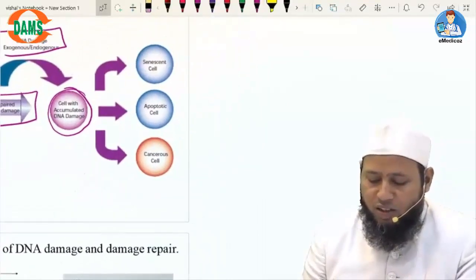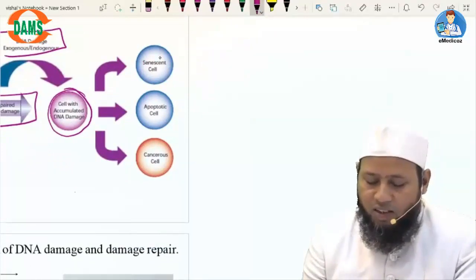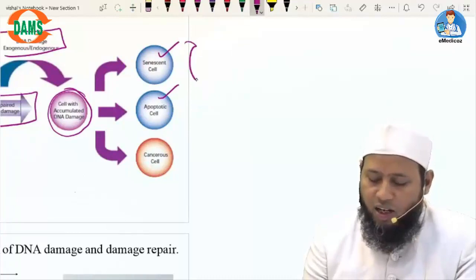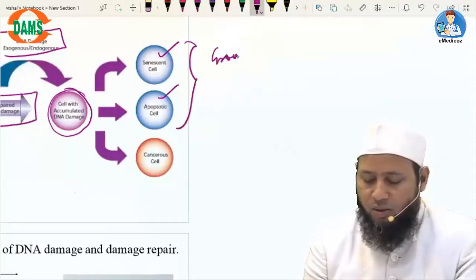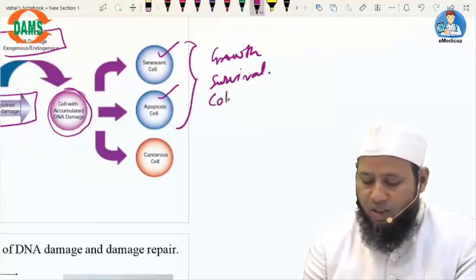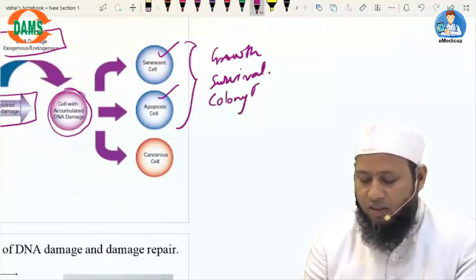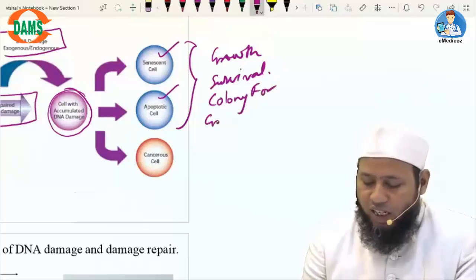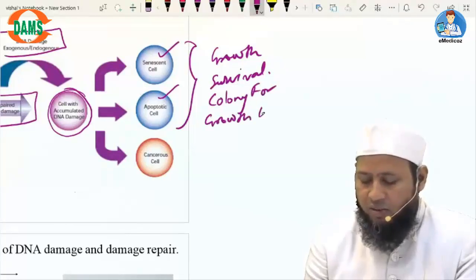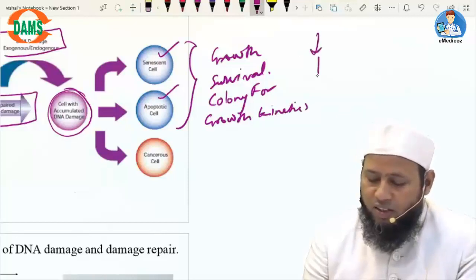So it will result in, as I already discussed, cellular senescence, apoptosis, necrosis. Growth, survival, colony formation in the case of bacteria, and growth kinetics, they all will decrease.